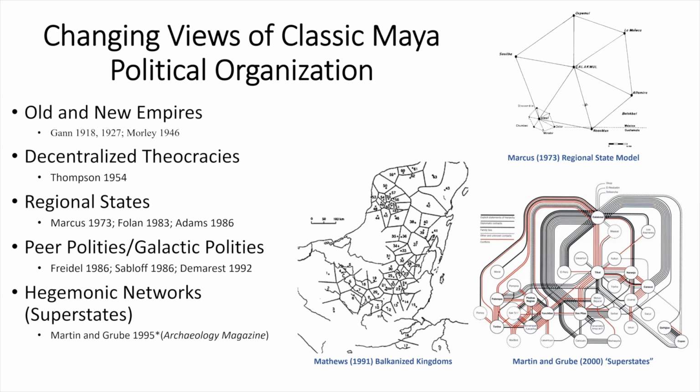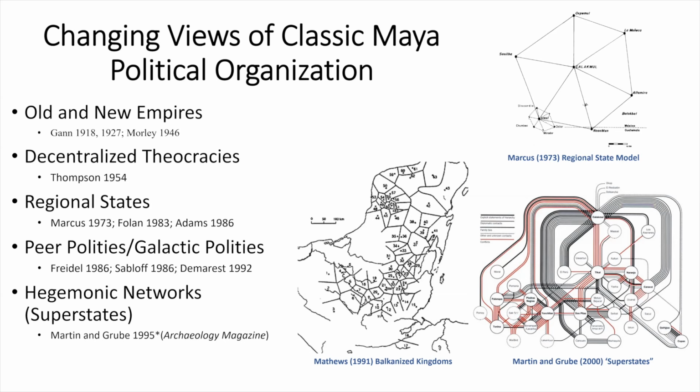These more decentralized views are still common. And then starting in the mid 90s and continuing on, we see Simon Martin and Nikolai Grube's collaboration, and their independent research, focusing on evidence of relationships between kingdoms that reflect these larger political networks.